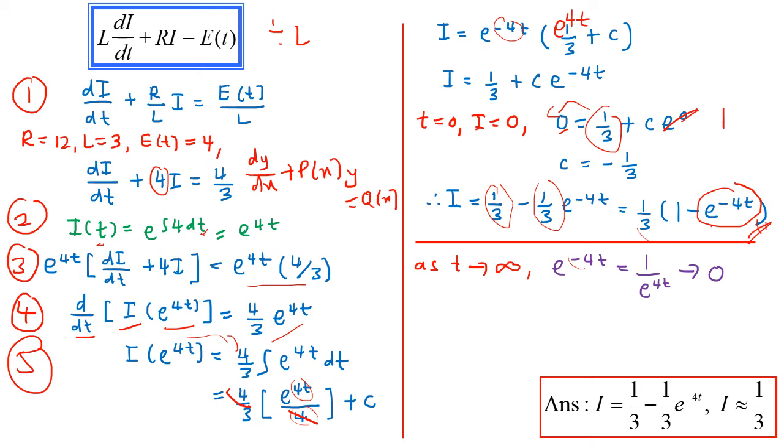So when we rewrite into 1 over exponent 40, it means that when t is very large, 1 over something approaching infinity, the whole value here will approach 0. So in other words, we can conclude that the exponent negative 40 here will approach 0. So we can substitute 0 here. So 1 over 3, 1 minus 0, means that after a long time, our current would be almost 1 over 3. Right. So that will be our example for today.